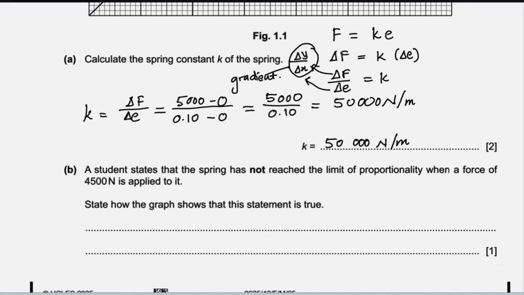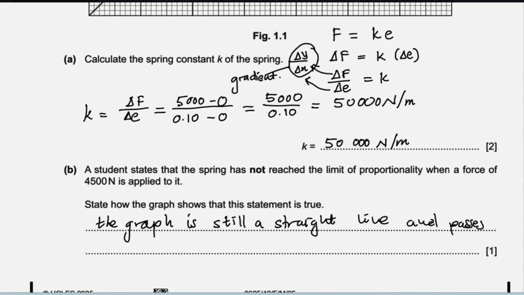So the student is very correct. To state how the graph shows that this statement is true, you can say the graph is still a straight line and passes through the origin.